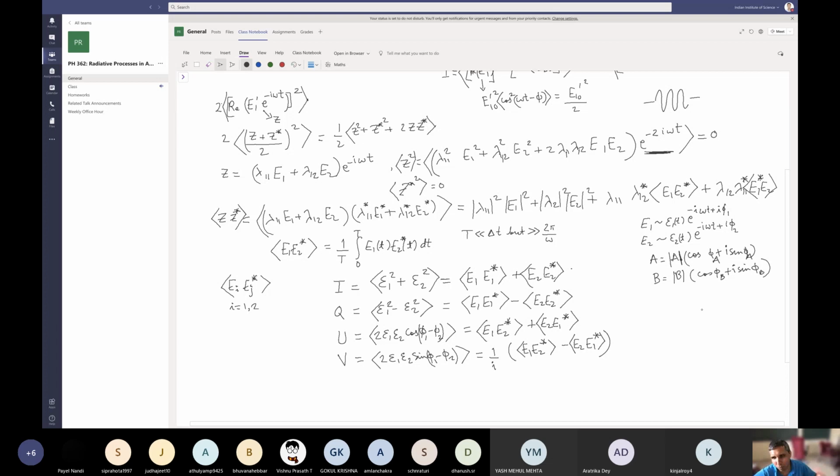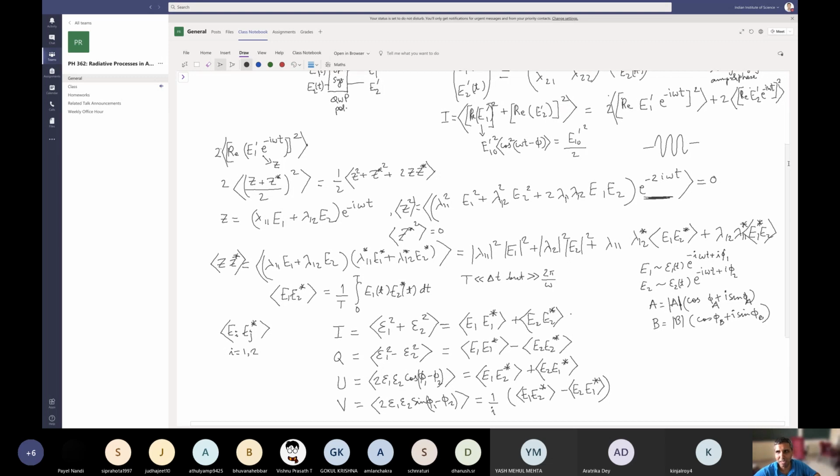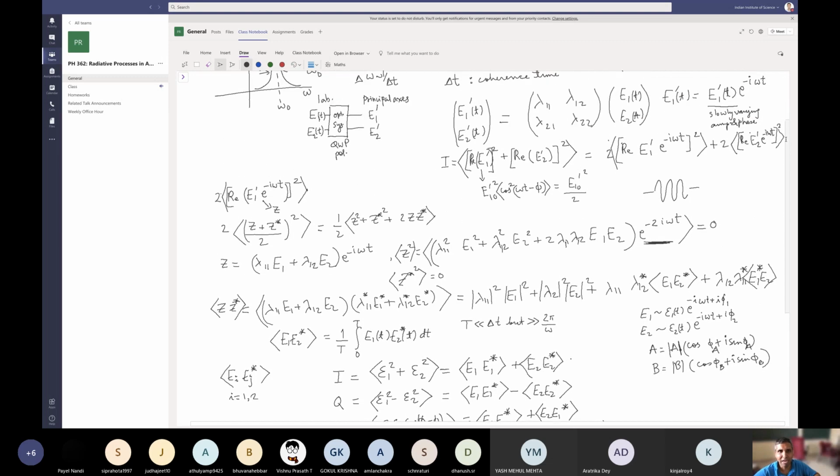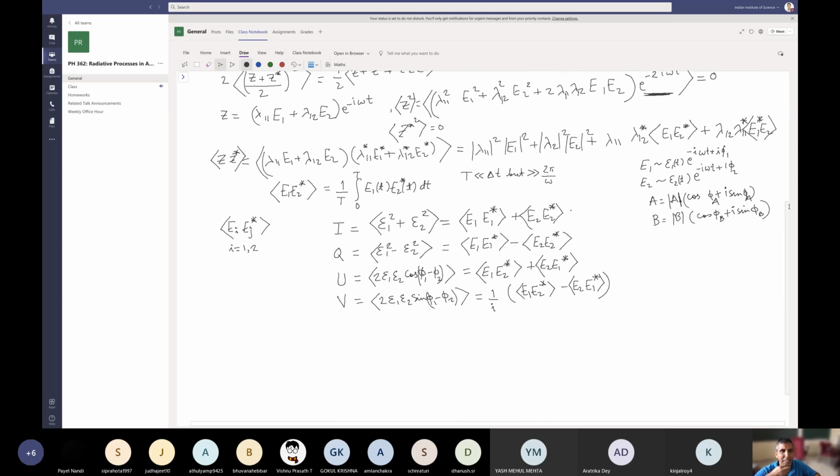The only difference between quasi and perfectly monochromatic is that the monochromaticity or the coherence is lost on a time scale of order delta t. So your measurements have to be done on a time scale shorter than this wave packet time scale. Okay, so what else can we say?